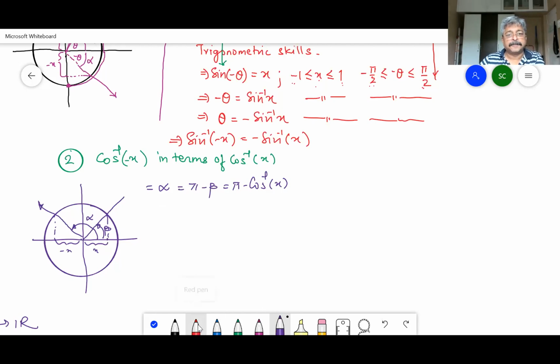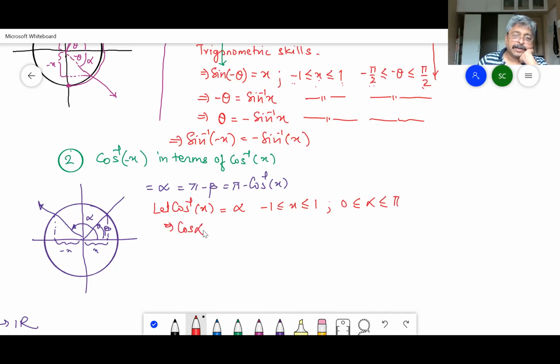Algebraically. Let cos inverse of x be equal to alpha. The moment I write this, minus 1 less than or equal to x less than or equal to 1, 0 less than or equal to alpha less than or equal to pi. This implies cos alpha is equal to x, right? Cos alpha, no, what is this?